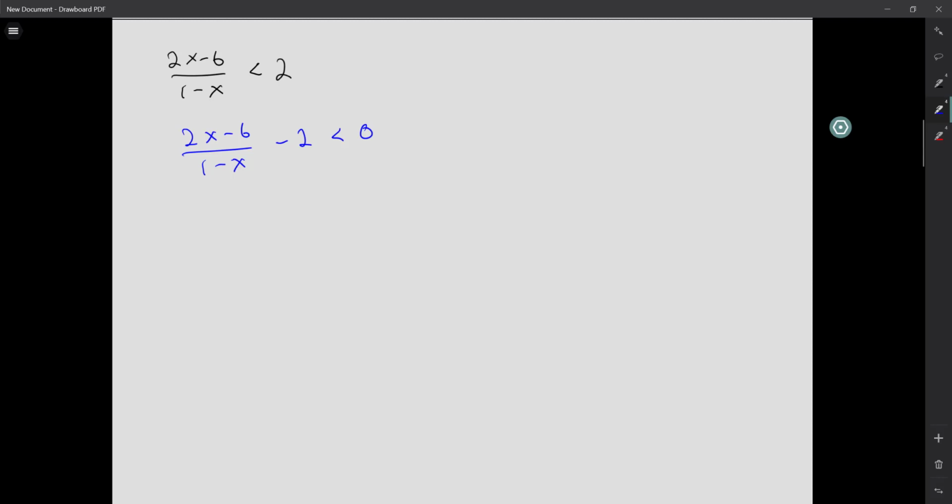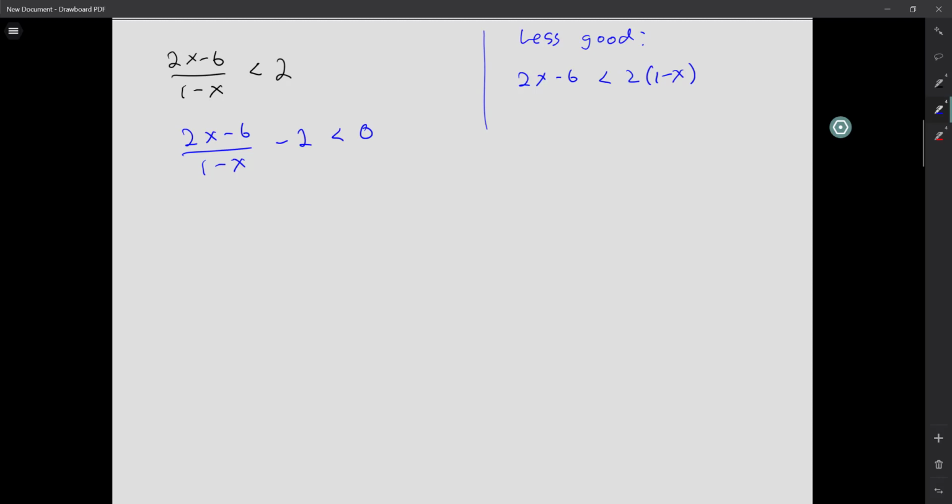And then here I would find a common denominator. Less good would be to multiply both sides by 1 minus x, turning it into a polynomial problem.